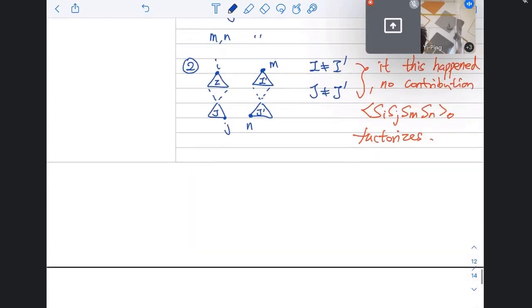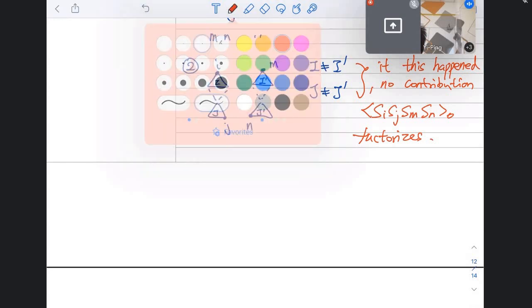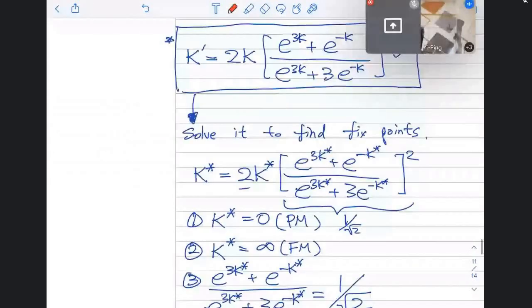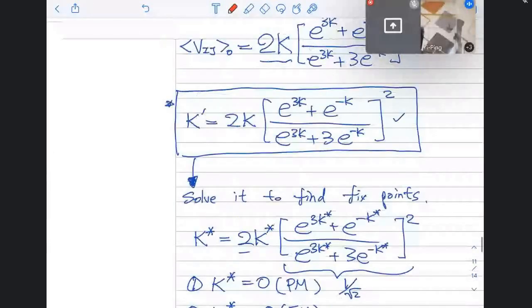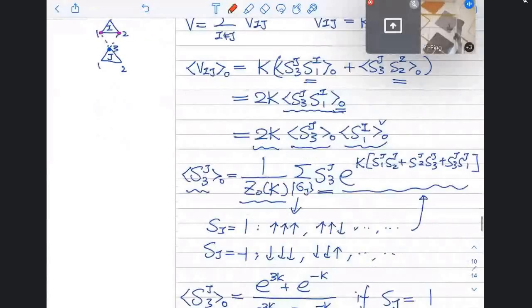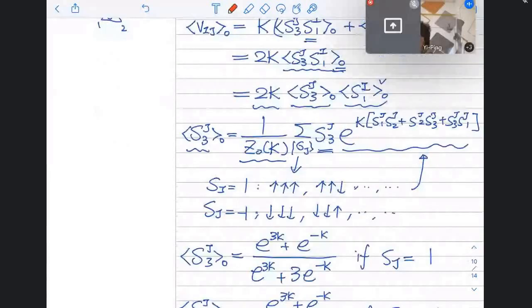But the I prime and J prime pocket, you can choose in a way such that this is the I prime pocket, and it is coupled with the J pocket. Okay, that's one way of choosing it. And of course, you need to go through some calculation to really figure out what the coupling constants are, as we did in the first order case, where we can enumerate all these little spin configurations and just sum them up and find the result.